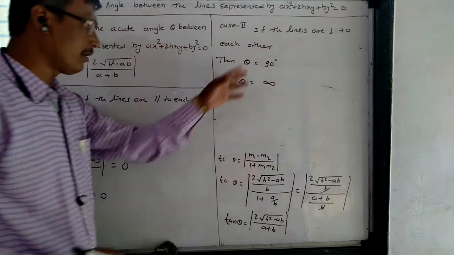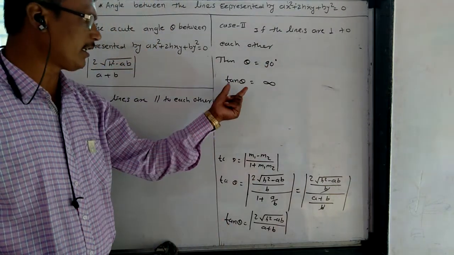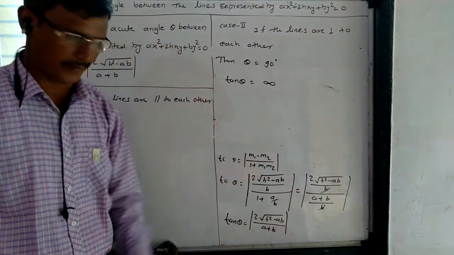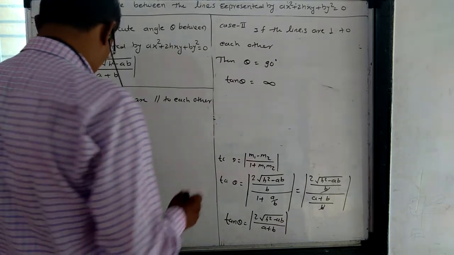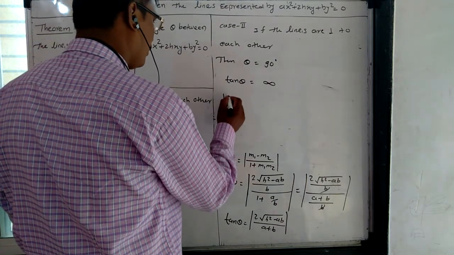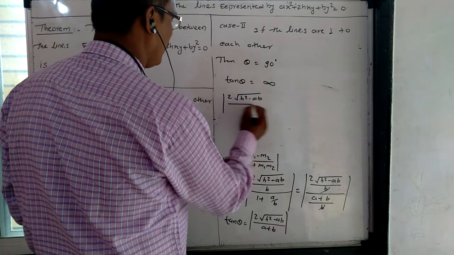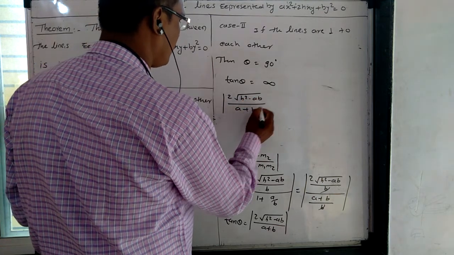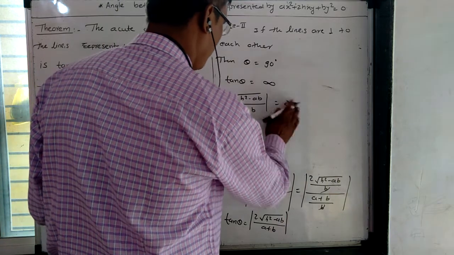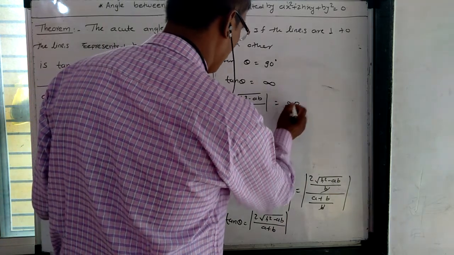If theta is equal to 90, then tan theta is not defined. So 2 root of h square minus ab divided by a plus b is equal to infinity.